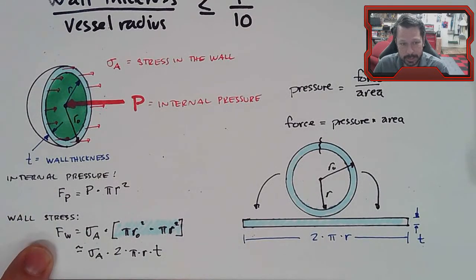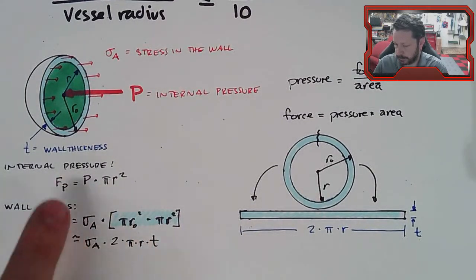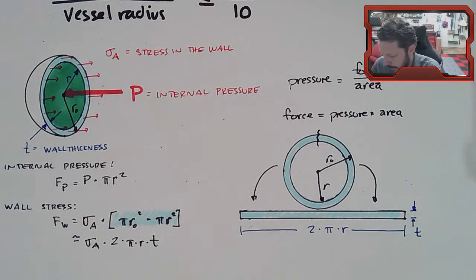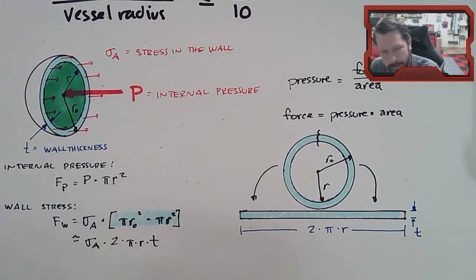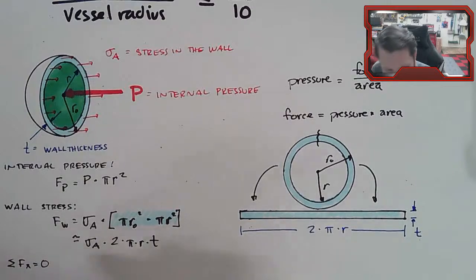So I'm going to do the summation of forces in the x direction for these two forces, the force from the pressure and the force from the stress on the wall, and say that they must be equal. If they aren't equal, then one of these is larger than the other one, and my basketball, if that's what I'm looking at, is exploding or imploding. But we're thinking of the exploding type of scenario. So summation of forces in x equals 0.